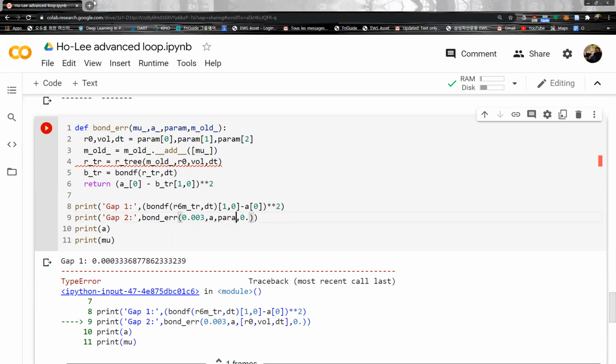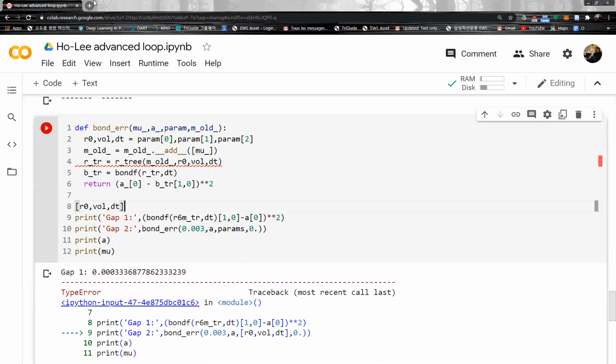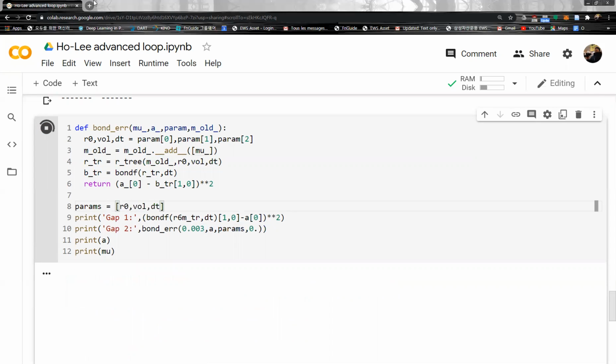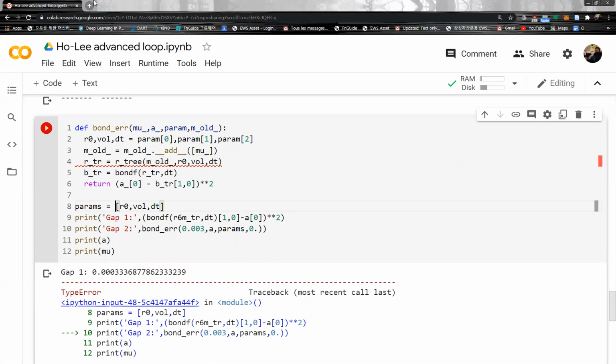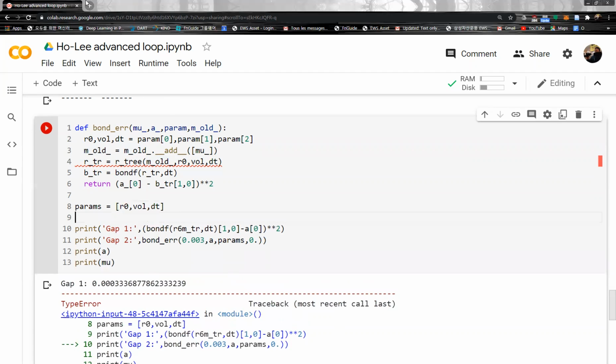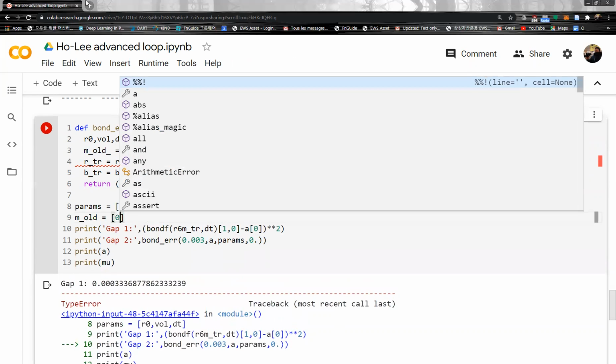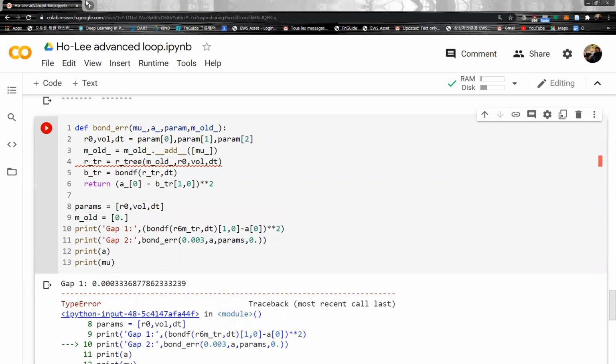This one has parameters, S, let me put S, and then params, okay, parameters, R0, volatility, DT, this is correct, and then this is, let's say, this old, M old equals, let's say, 0, right?